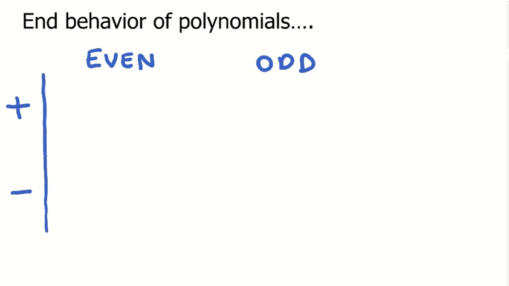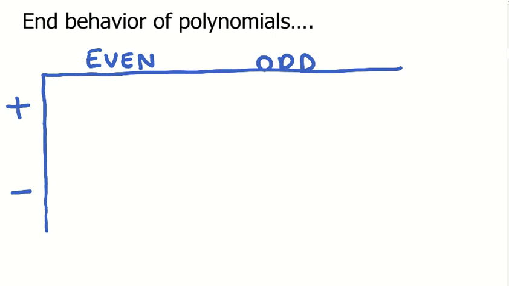So if we have an even degree versus an odd degree, then we'll have different end behaviors. And then the sign of the leading coefficient being positive or negative will pretty much determine what the end behavior of our polynomial is.